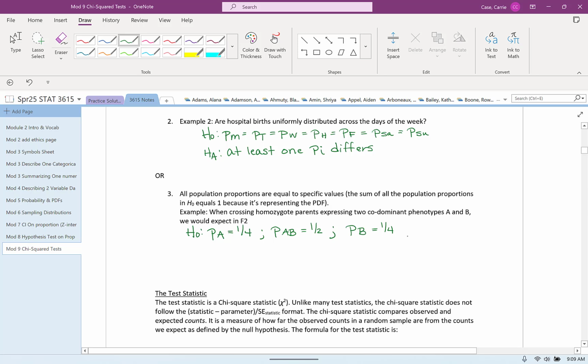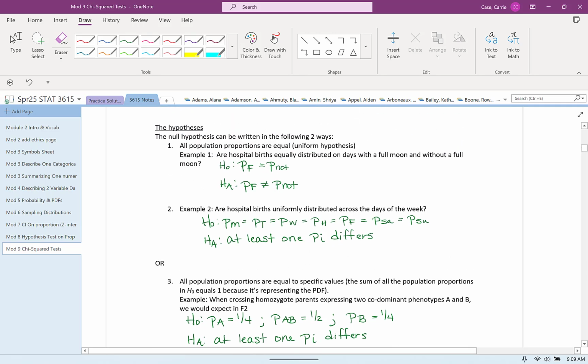Notice that these all have different numbers, and AB is the intermediate phenotype. And then the alternative is written like we wrote it above, at least one proportion p_i differs.